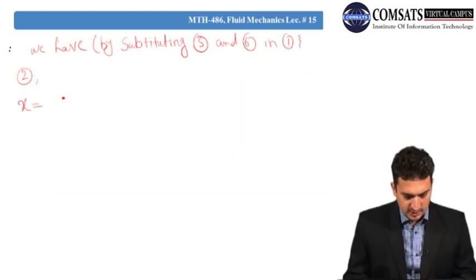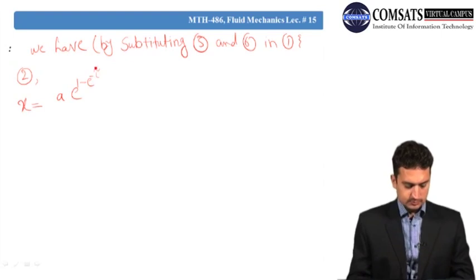So x comes out to be a e to the power 1 minus e to the power minus tau.